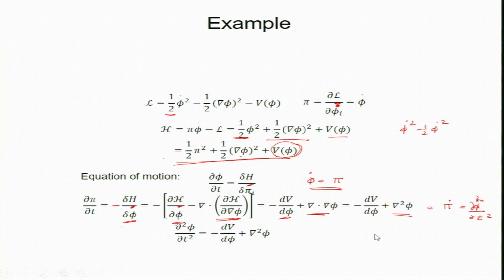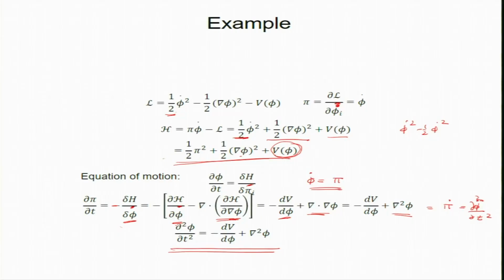So this is the Euler-Lagrange equation for a field with a potential. In fact we will encounter fields with potentials. You might have seen the free energy for a phase transition, phi squared minus phi to the fourth. These are the potentials, and so this is the example.